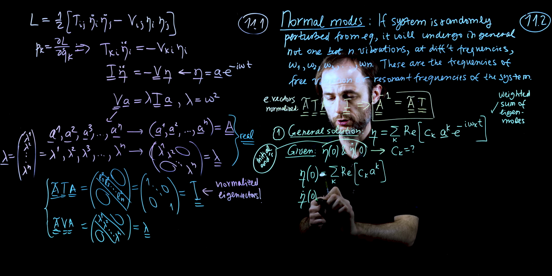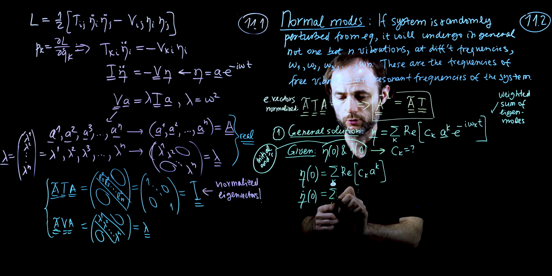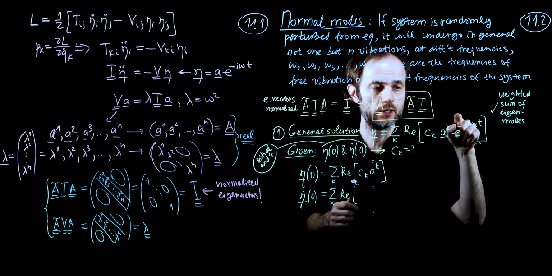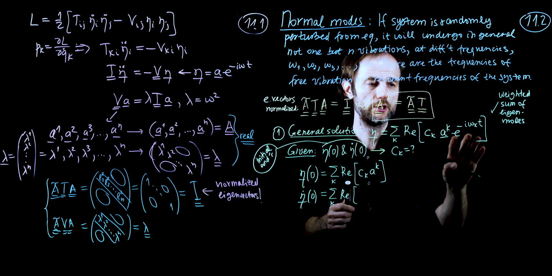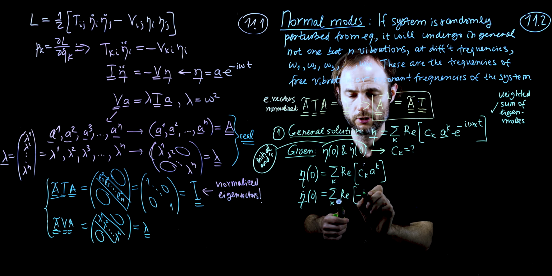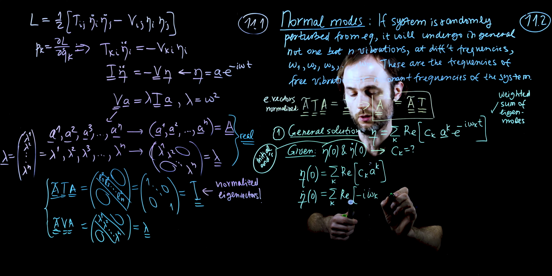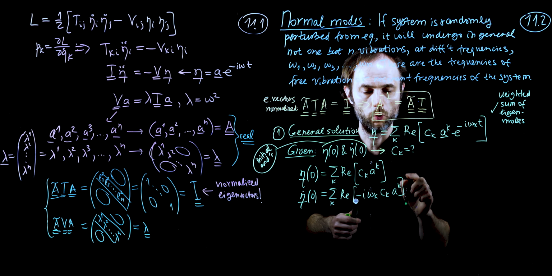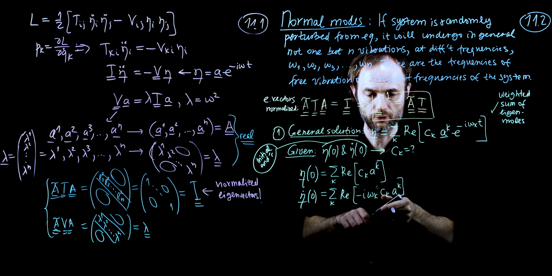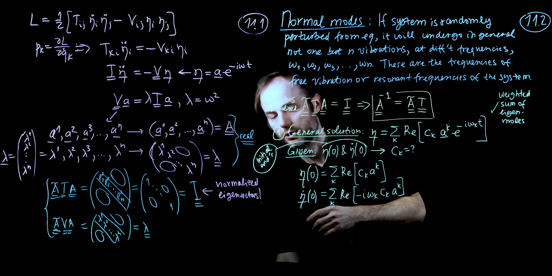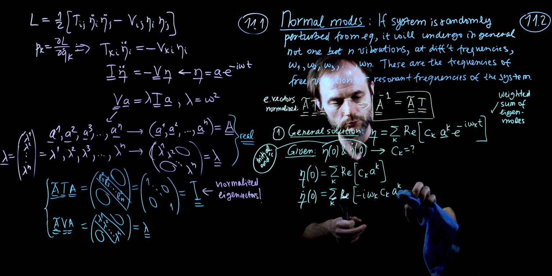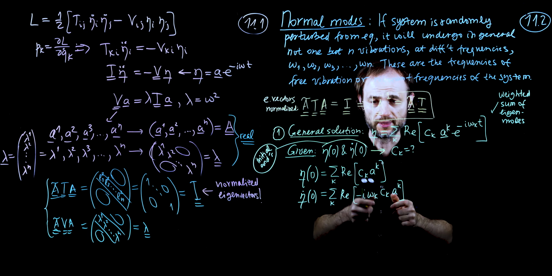Eta dot of 0 is going to be equal to the same sum over k, but here we're going to take the time derivative of this. So we're going to get minus i omega k on the front. And we're going to close the parentheses. Because again, once we've taken the time derivative, we'll plug in 0 for t, we're going to get e to the 0, which is 1, for the prefactor. Okay, that is pretty good.